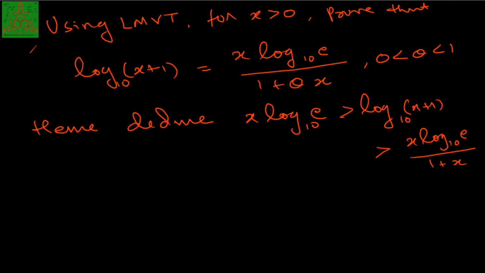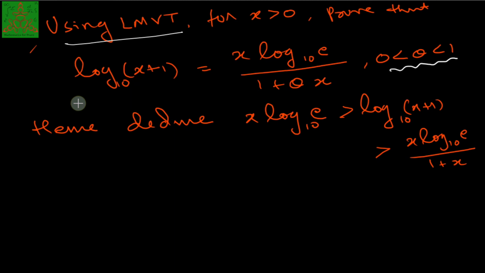So don't be confused by looking at this expression. The hint is given: using LMVT. We have to achieve this, and since it is given that theta is in between, that means we need to use the alternative statement of LMVT. But what will be my function to start with?